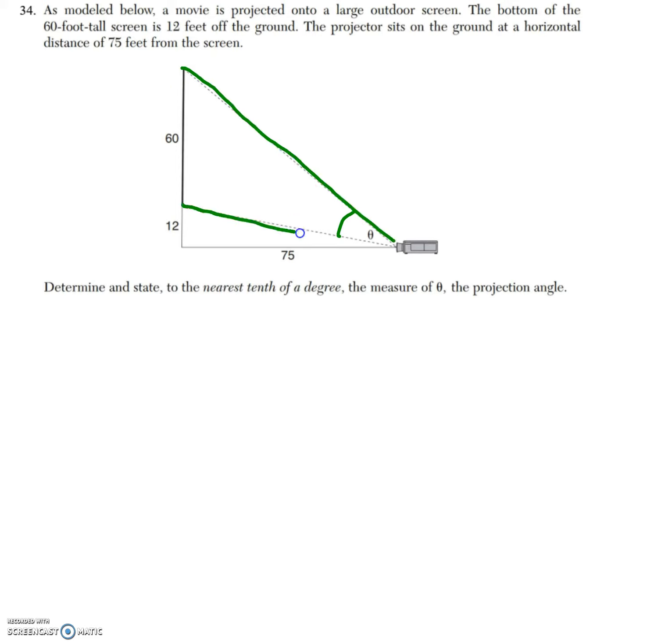That angle is not creating a right triangle, so let's try to manipulate our picture to create a right triangle somewhere. So let's think holistically. If we locate this big triangle right here, we can create a big angle. So I'm going to call that big angle X.